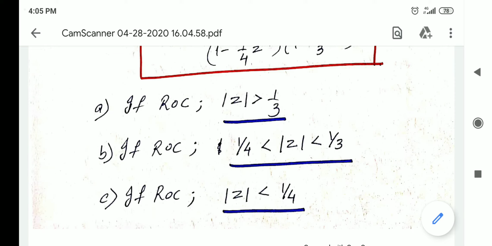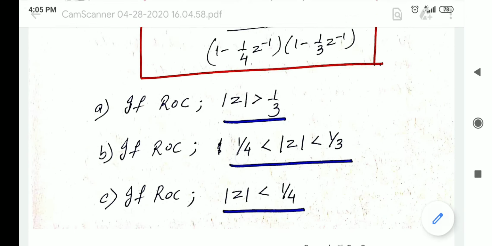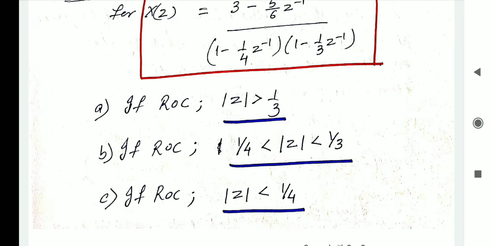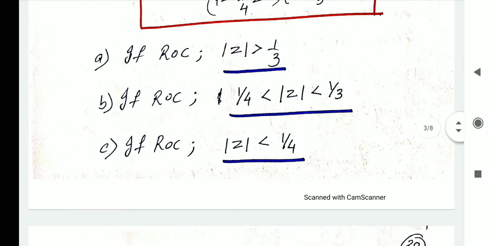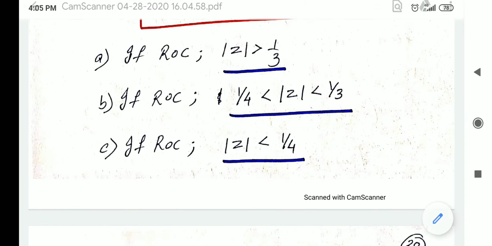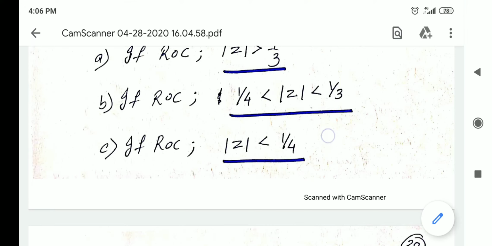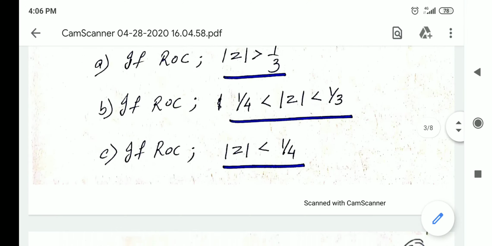We'll be having an inner circle of radius 1 by 4 and an outer circle of radius 1 by 3, and this will form the ROC. The last one, that is C, mod of z is less than 1 by 4. That means it's the interior of the circle of radius 1 by 4. That means it's a completely left-sided sequence. Now from these three we'll come to the conclusions.